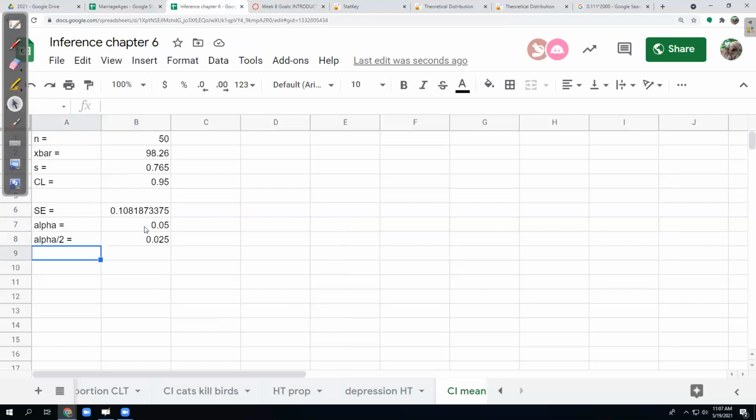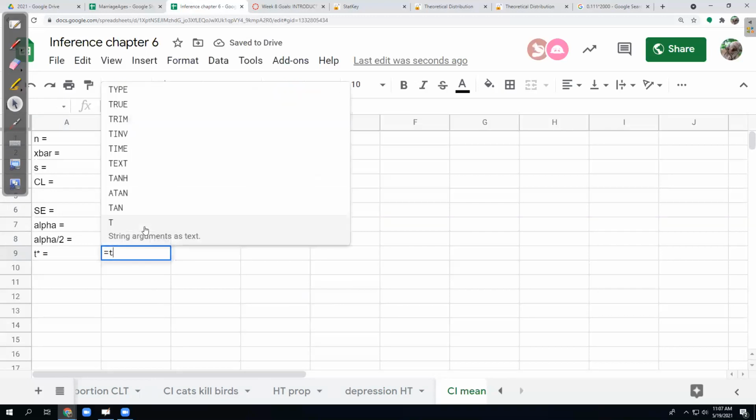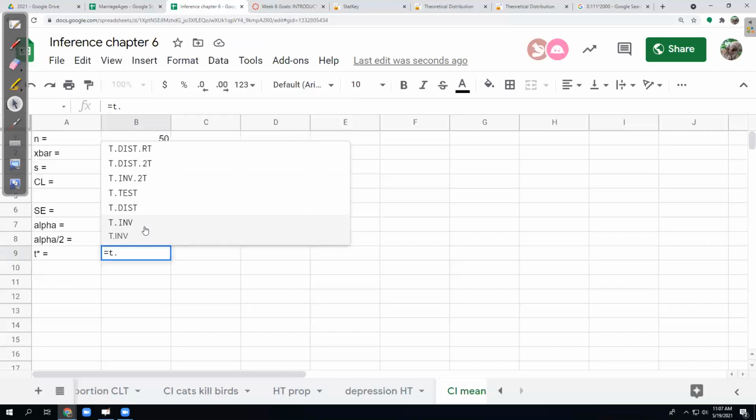And I need that to find the right t-score. So now I can find my t-score. It's called t or z star. And that's going to be equal to, I want the t dot dist, and there's a bunch of different versions of them. There's the t inverse, t dist right. What are we going to use?